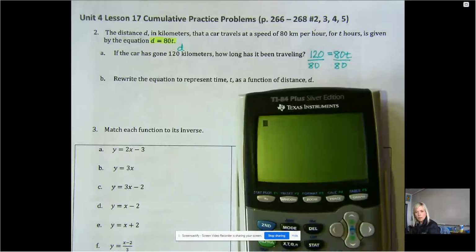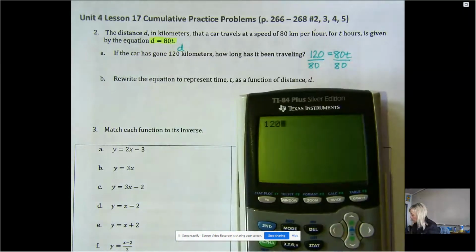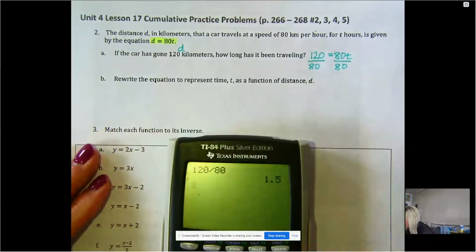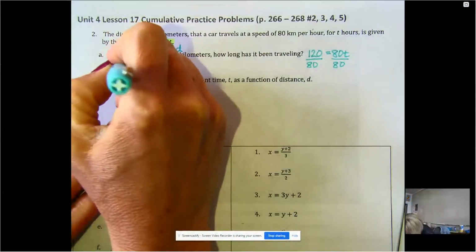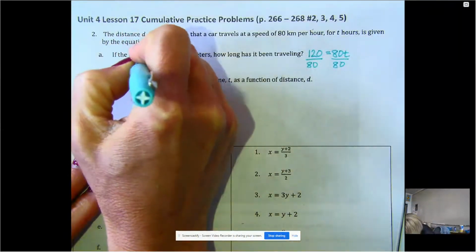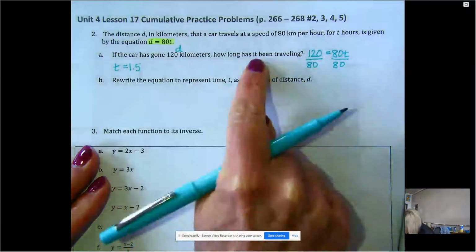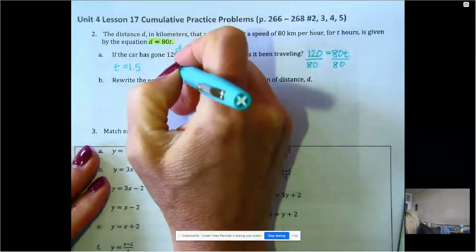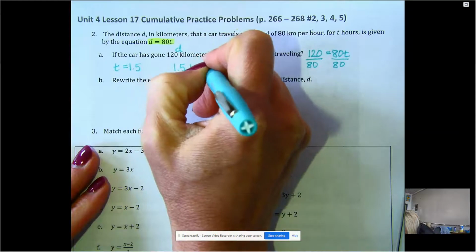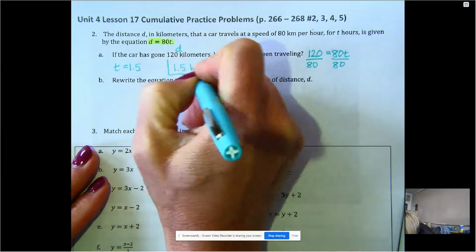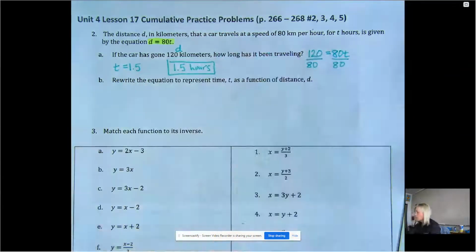Let's see here, there it is. 120 divided by 80 is equal to 1.5. So if t equals 1.5, then the car has been traveling for 1.5 hours, or you could say 1 hour and 30 minutes.